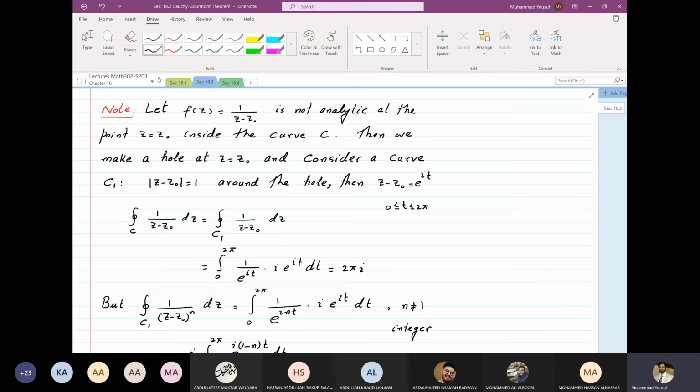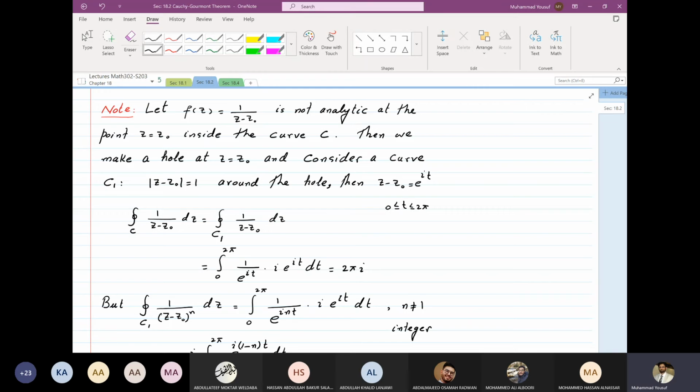We will make a hole. We make a hole at z naught. And when we make a hole at z naught, like you have something and you remove it by making a hole using an electric drill, then z naught is gone.